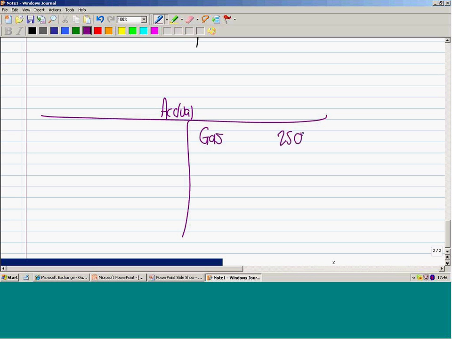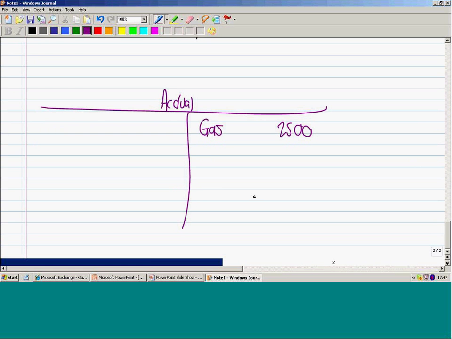We need to reverse this out, and the reason is that we will eventually pay the gas bill because we'll receive the invoice. If we don't do anything with this accrual, we're going to overstate the gas in the next financial year.